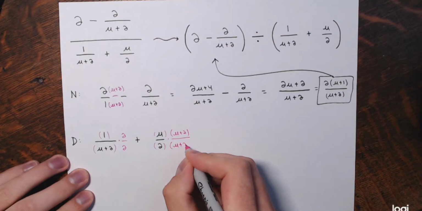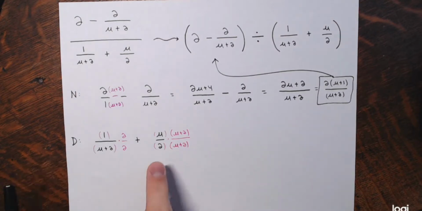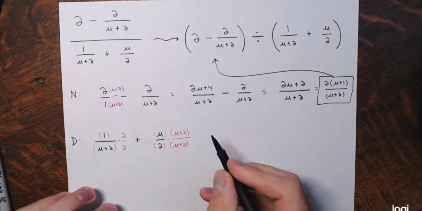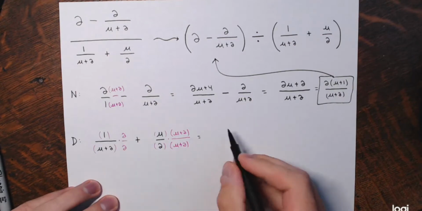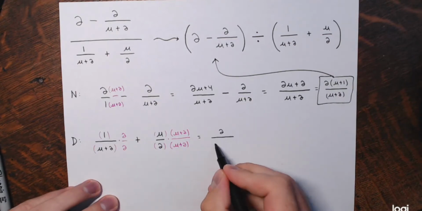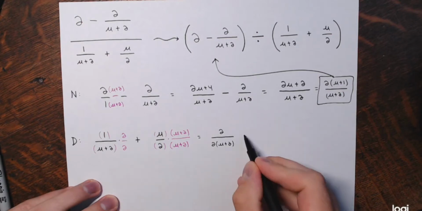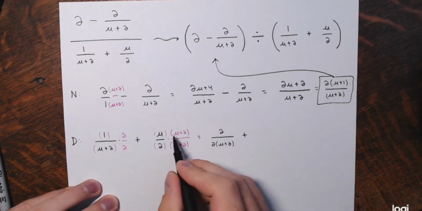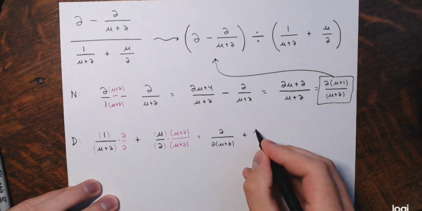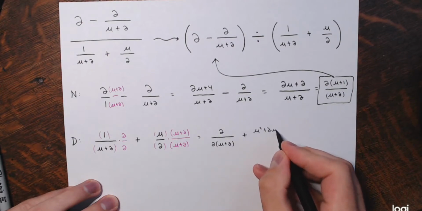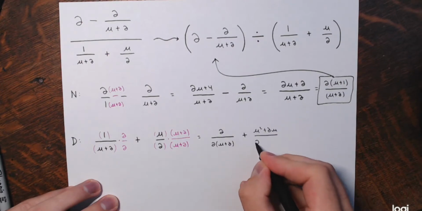Now they have the same denominator, this 2 times u plus 2. So we have 2 over 2 times u plus 2, plus u times u plus 2, which is u squared plus 2u, over 2 times u plus 2.